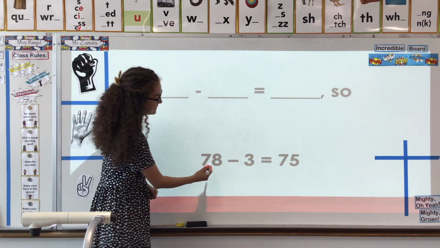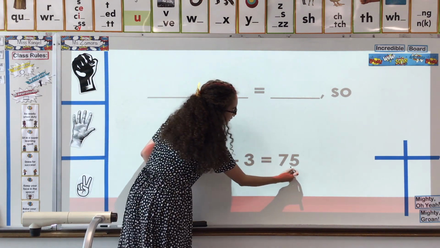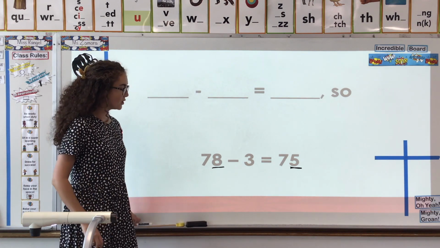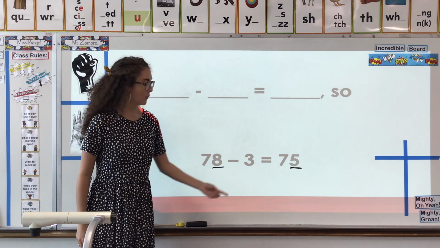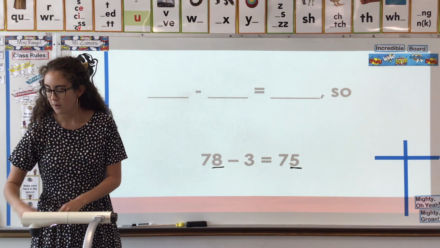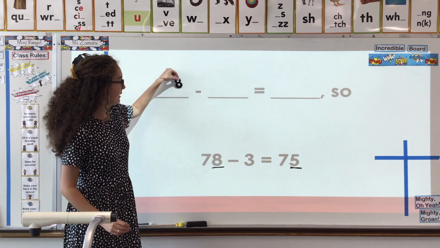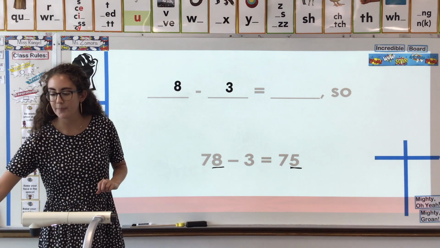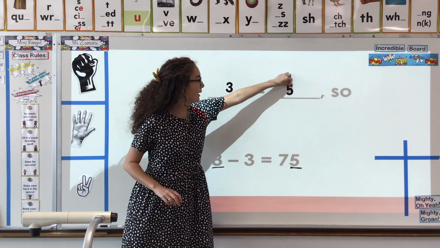We just noticed that all we did was change the ones. So all we focused on was taking 3 away from the 8. So what we truly were doing was that 8 minus the 3 ones equaled 5.